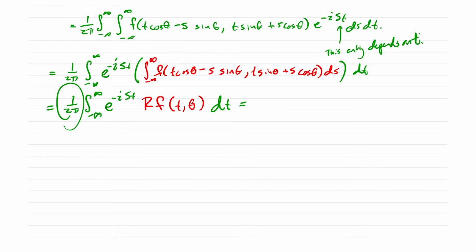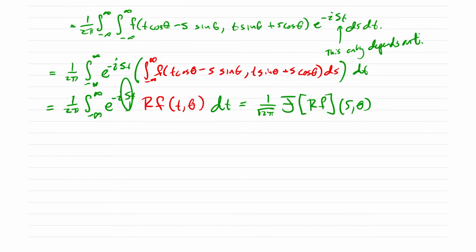The Fourier transform itself would have just 1 over the square root of 2 pi, so we have a little bit more constants than we'd like, but that's okay. So this is going to be 1 over the square root of 2 pi times the Fourier transform of Rf evaluated at s, theta, because here s is our frequency. And so there we go, it's just a chain of equalities, and we are done.